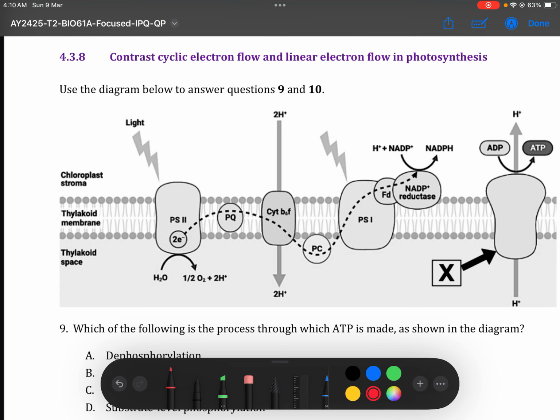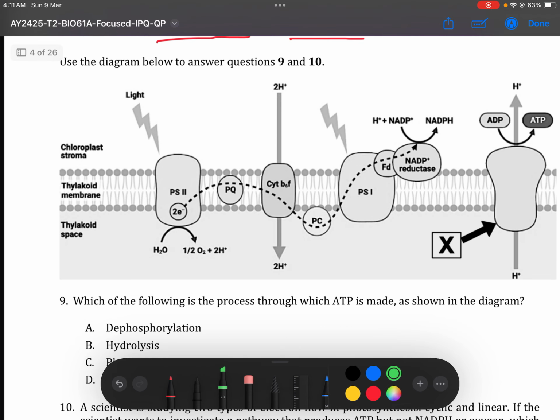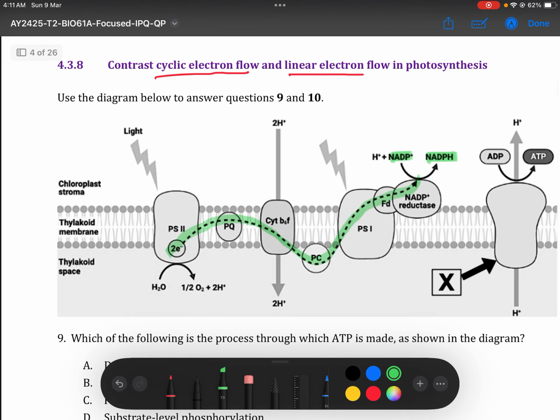Contrast cyclic electron flow and linear electron flow of photosynthesis. It's quite obvious over here. I will highlight it with green. When you move from PS2, you go to the electron transport chain, you go to PS1, you reach the final electron acceptor, that is NADP, and you produce NADPH. This is called linear electron flow. So what I have highlighted is the linear electron flow.